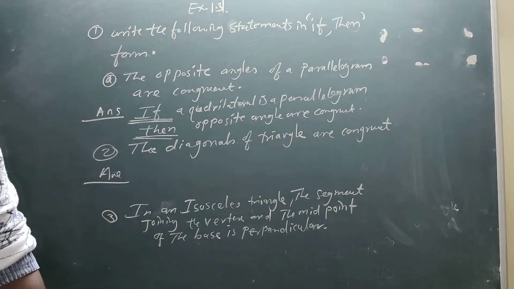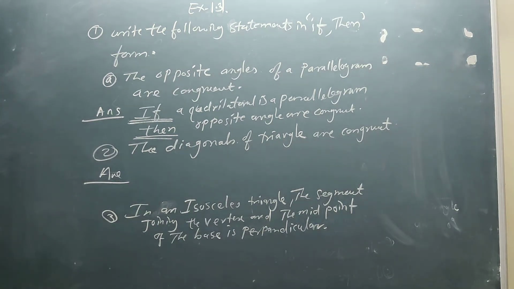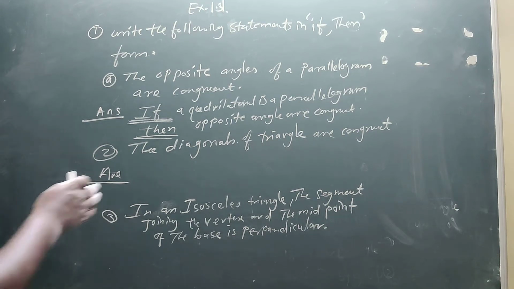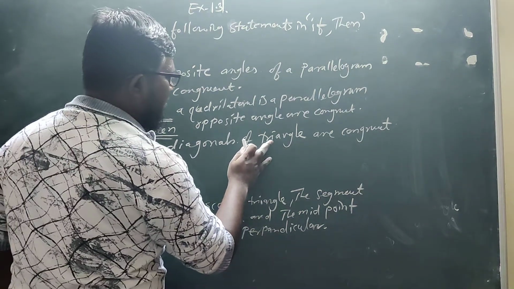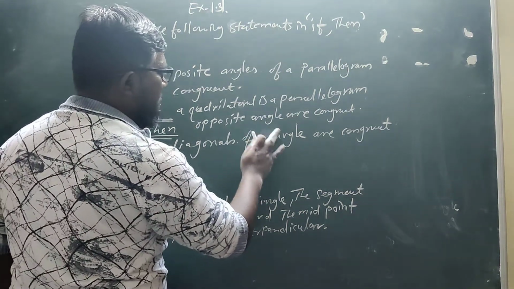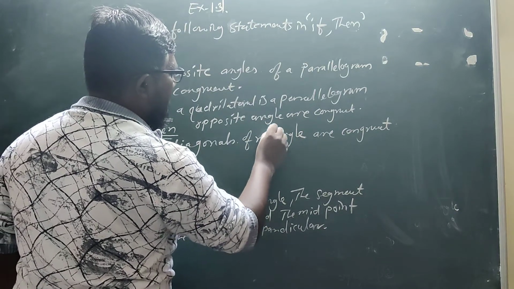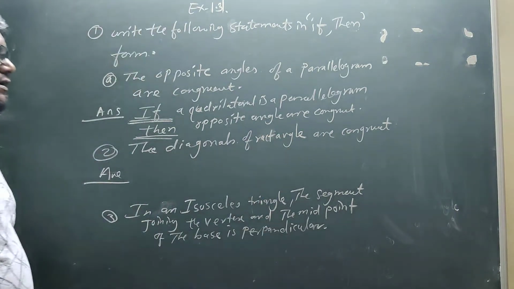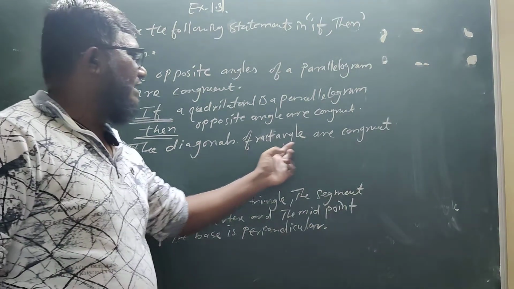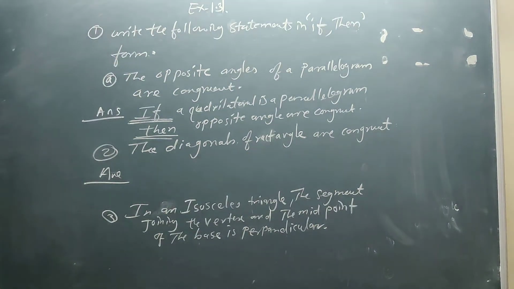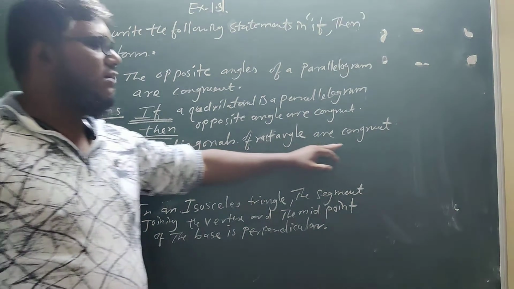Now the question is slightly wrong, I have made a mistake. It is rectangle: the diagonals of a rectangle are congruent. Then we have to use the if-then form.